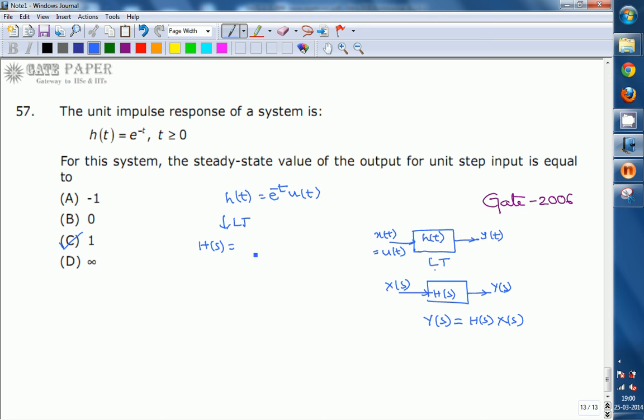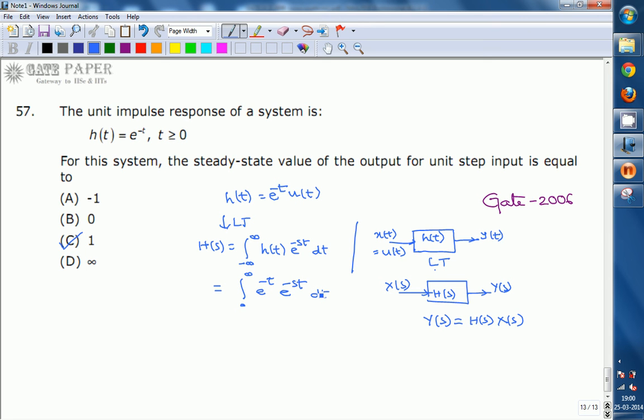So h of s, that is the Laplace transform of e power minus t u of t, is the integral from minus infinity to infinity of h of t into e power minus st dt. Now by substituting the h of t here, we will get the integral 0 to infinity e power minus t e power minus st dt.